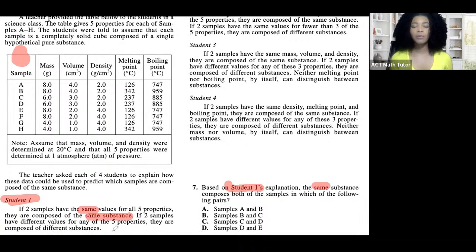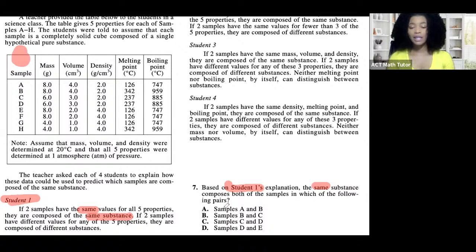Well, that's not what the question asked me about. The question is only asking for same substance in the samples. So I know student 1 hypothesizes that all 5 properties have to have the same value in order for the substances to be the same.